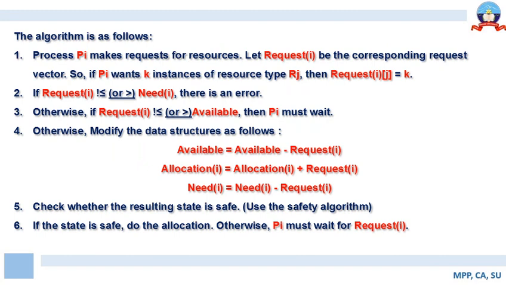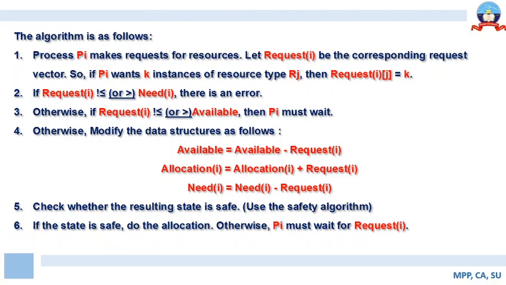Now the Banker's algorithm is detailed in 6 steps. The first step says that process Pi makes a request for resources, and that request is represented as Request of i, which is a vector. So let Request of i be the corresponding request vector.